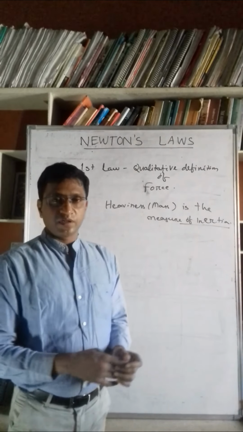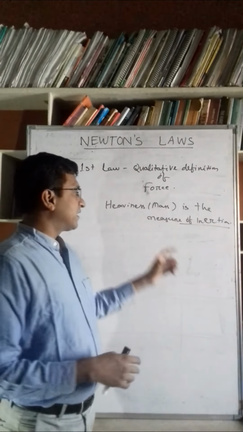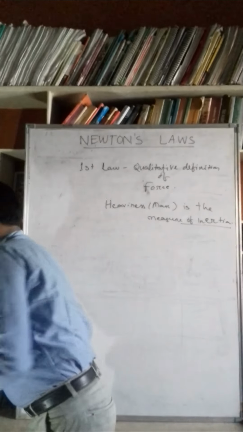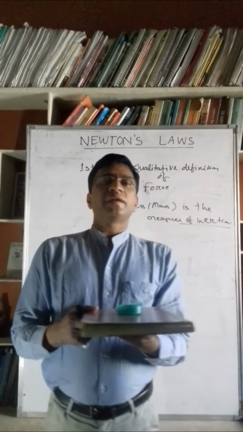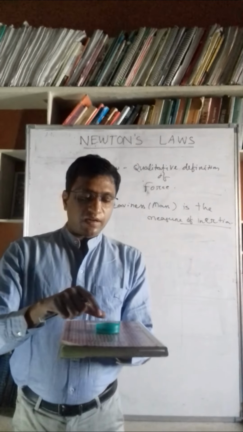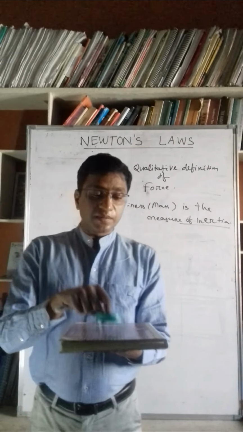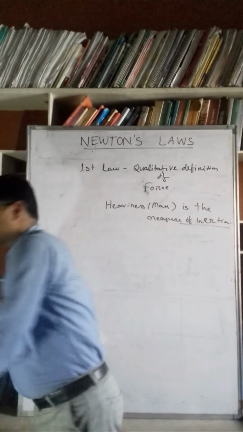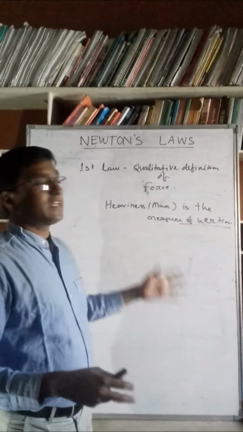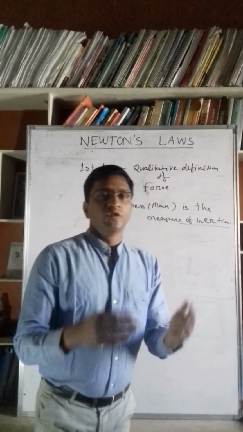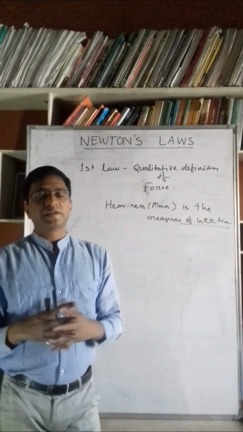Inertia is that property of the object by virtue of which a rest body tries to be at rest only. As we have seen, this cap will remain at rest only unless and until it is compelled by some external force, like this. Similarly, a moving body tries to move in a straight line path and in uniform motion unless and until it is compelled by some external force.